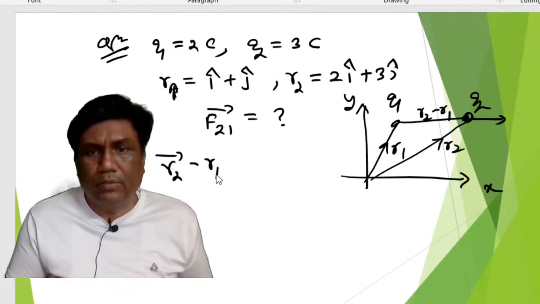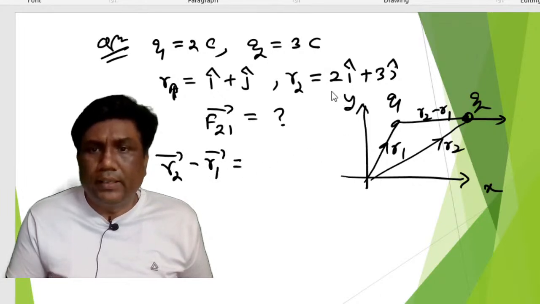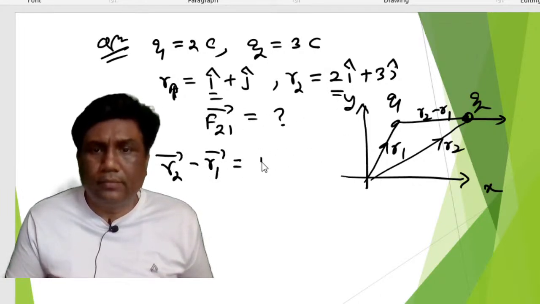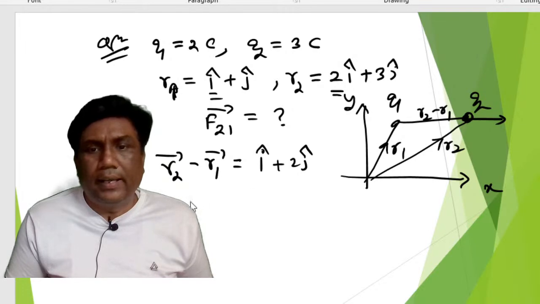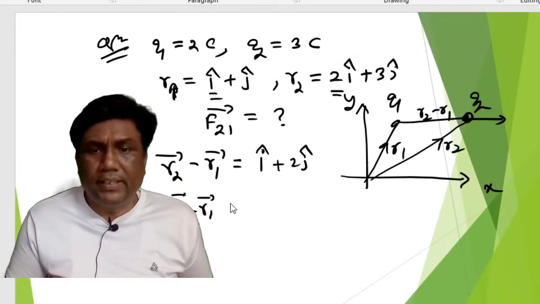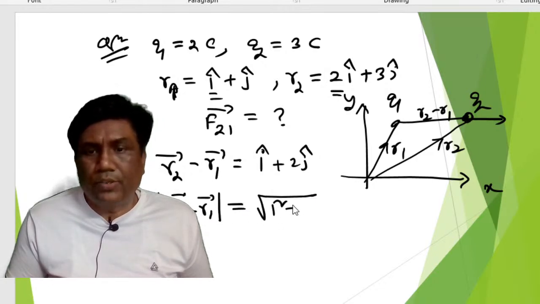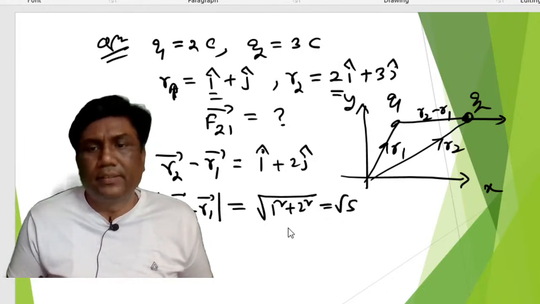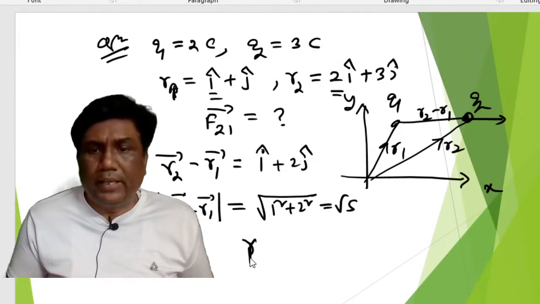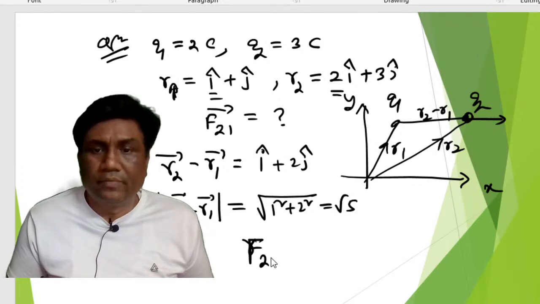First, r2 minus r1 you calculate: 2 minus 1 is 1 i, and 3 minus 1 is 2 j. So the vector r2 minus r1 is this, and its magnitude will be what? 1 square plus 2 square, so it means root 5. From that we can easily calculate force on 2 by 1.